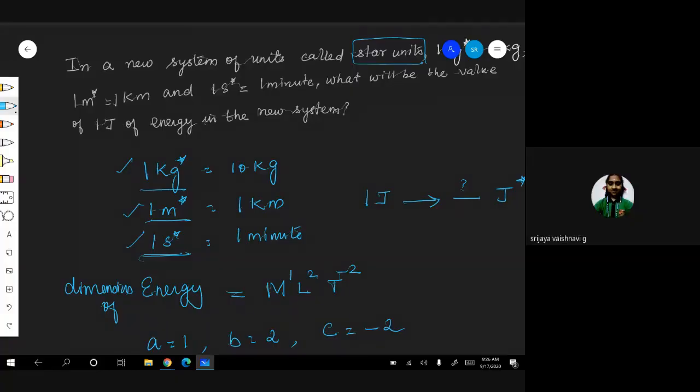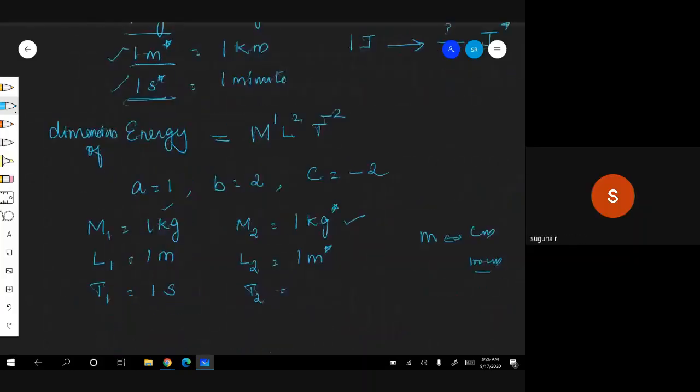Okay, time. Second. Got it? Okay. Now, what is in the star unit? What is the unit for mass? Kilogram star. What is the unit for length? Meter star. Then what is the unit for time? Second star. That is why we are putting it here. Are you following?